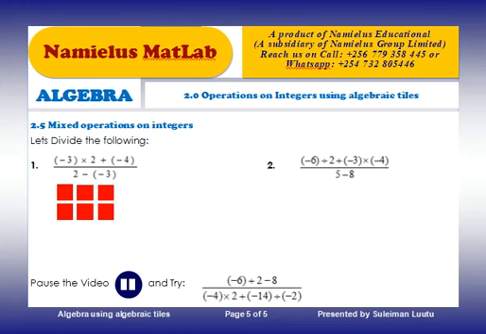So we are adding -4, which is this one here, as you see it. This is what we are adding here. So we bring our -4, press it here.